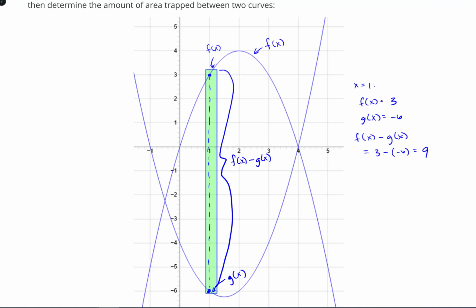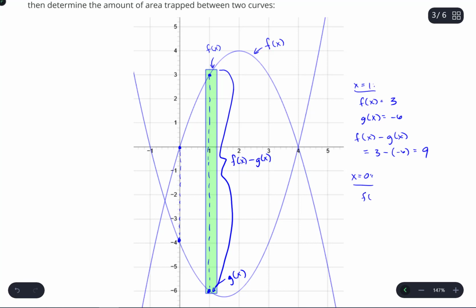And likewise, at 0, the thing is entirely negative, and that's okay. So when x is equal to 0, f of x is at 0, g of x is at -4, so f of x minus g of x would be 0 minus -4, which is still a positive answer.